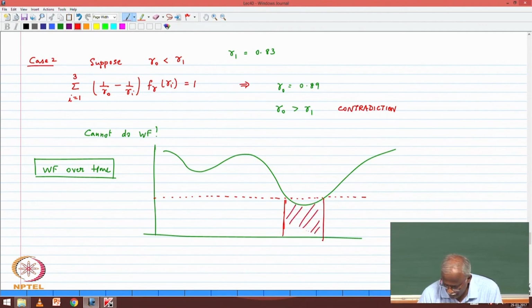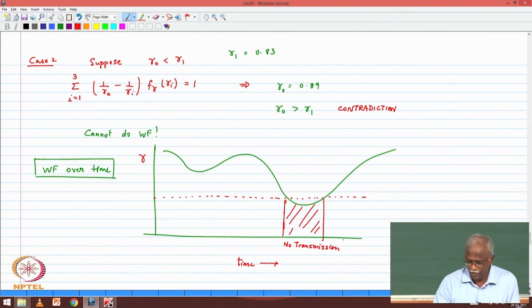So on this axis is time, this is gamma. During this period, there is no transmission because it has gone below, and from our discussion on water filling, there is some threshold gamma naught below which we will not transmit.